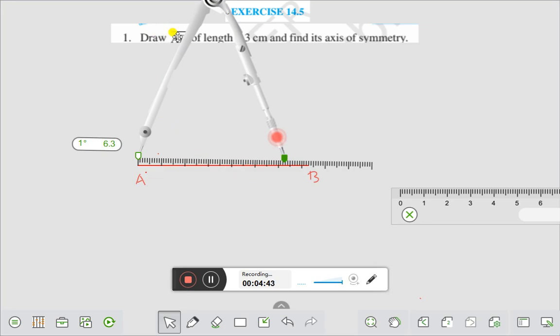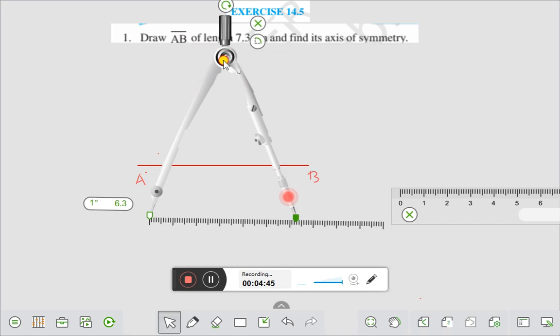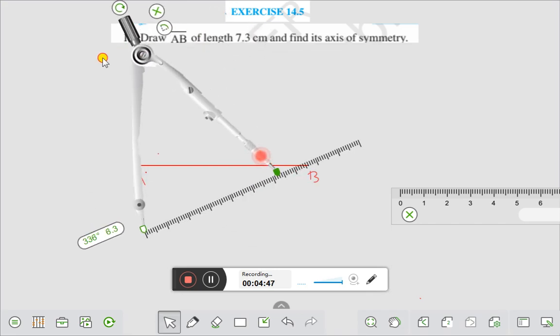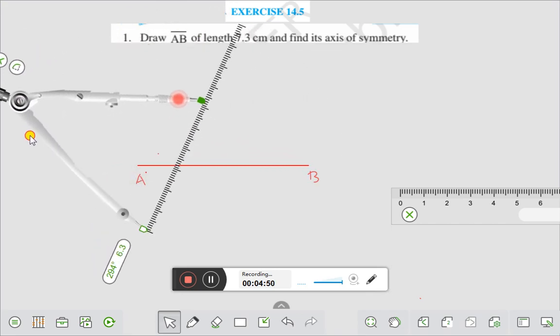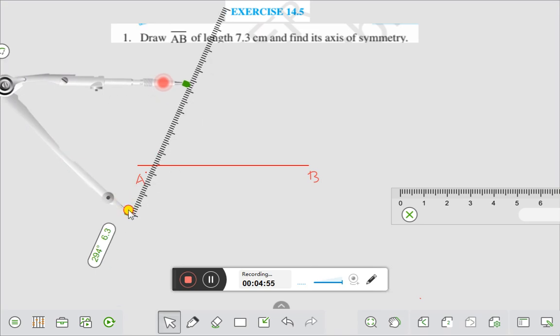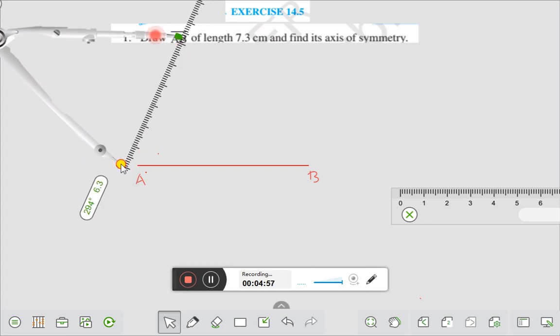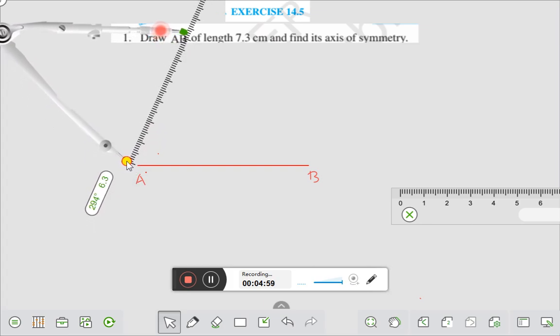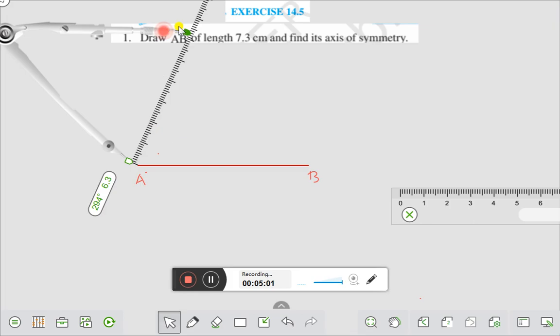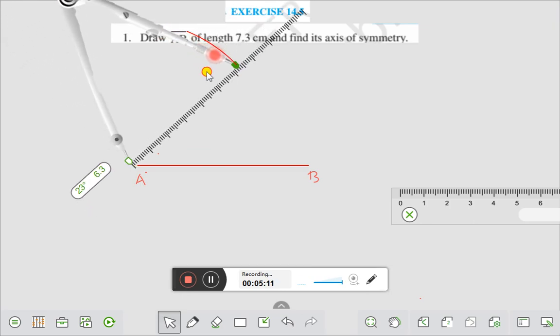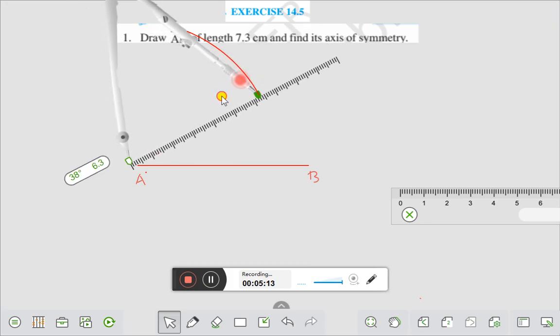Now we'll take a curve here. Let us take a curve, right?